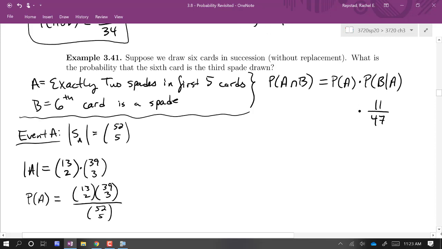And this is the probability of A that we're going to use up here. 13 choose 2 times 39 choose 3 divided by 52 choose 5. And I'm just going to throw this all in the calculator and see what we get.